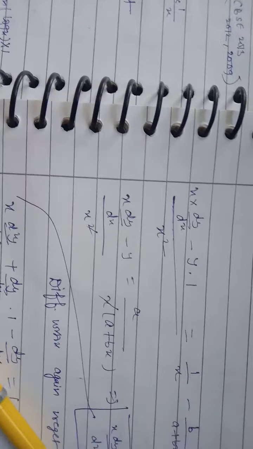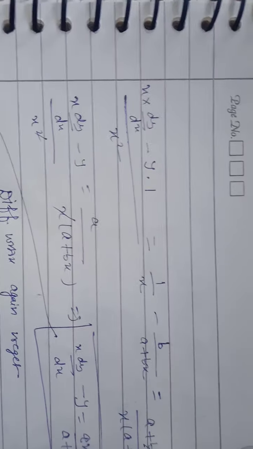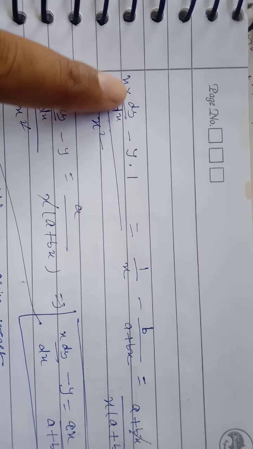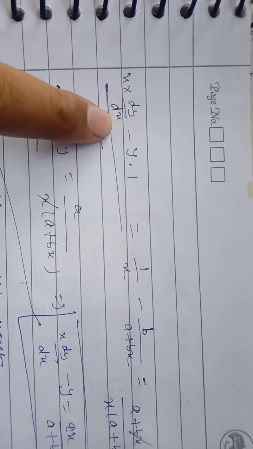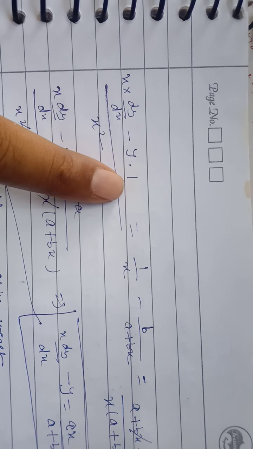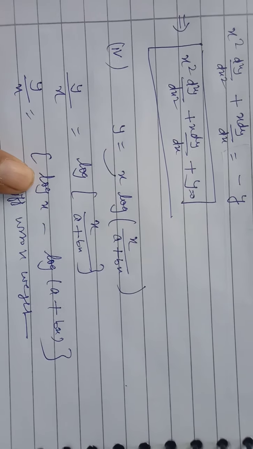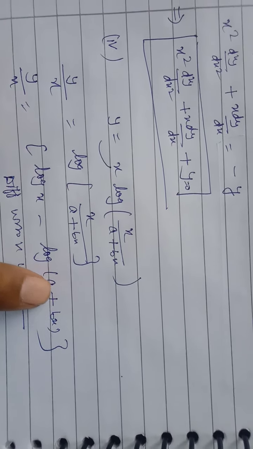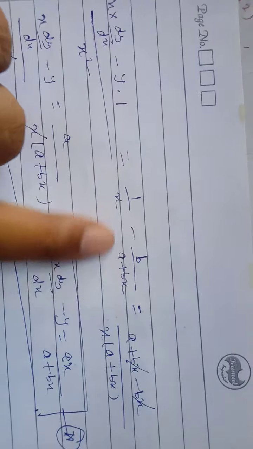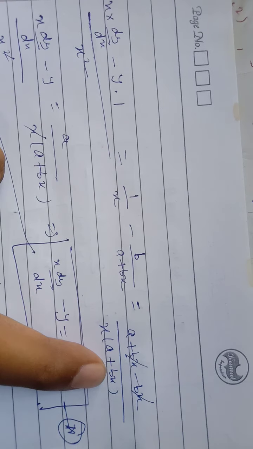V square as it is, v derivative of u minus u as it is derivative of v. The derivative of log x is 1 by x, and from here 1 upon a plus bx, and the derivative of bx is b. Taking LCM, it is x into a plus bx.